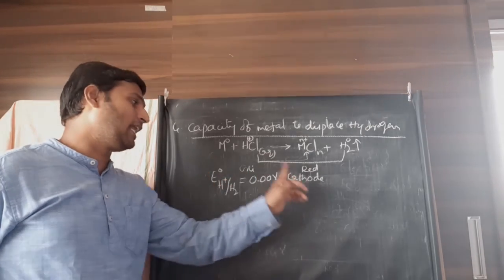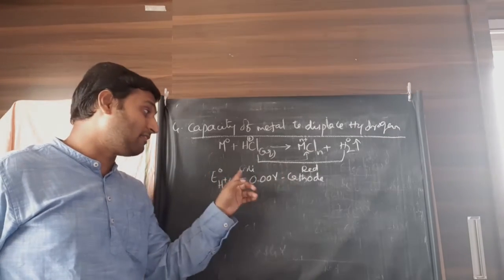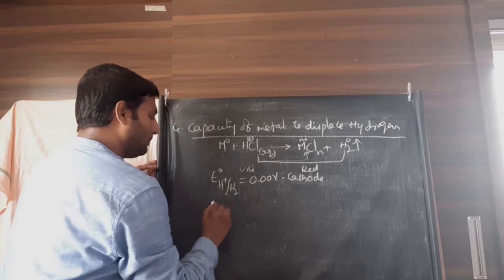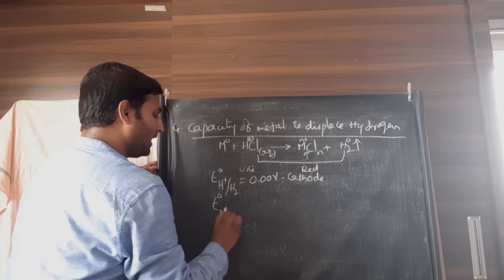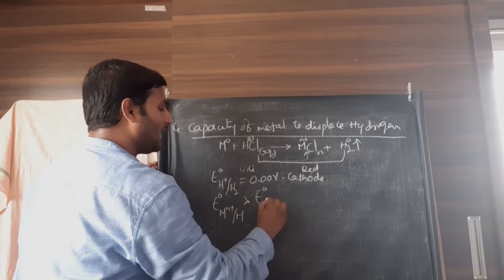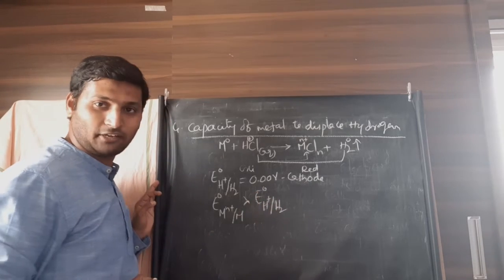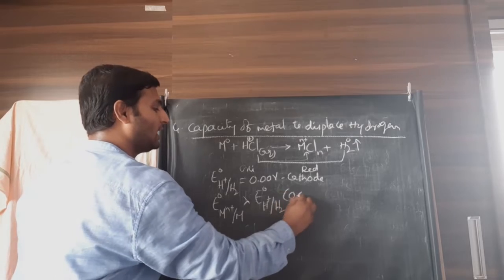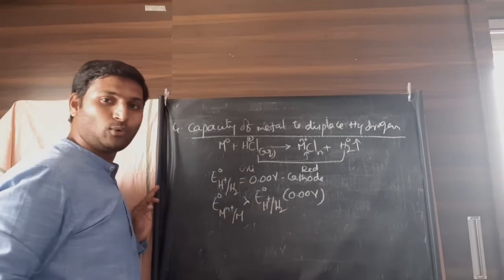And if the hydrogen electrode is cathode, it must have greater potential than the Mn plus couple. So E naught Mn plus/M must be lesser than E naught H plus/H2, that is compulsory for you. And already we know E naught H plus/H2 is 0 volts.